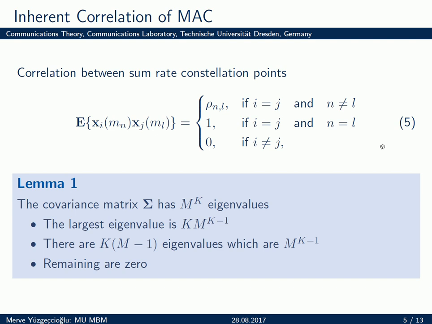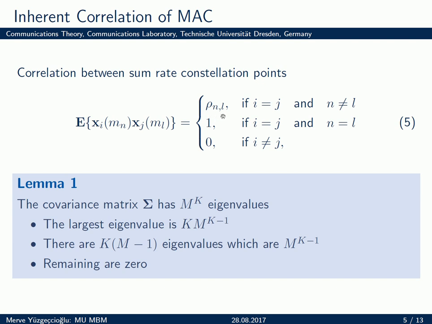So at the beginning we assumed that the entries of the constellation diagram are uncorrelated, but during our studies we discovered that in the multiple access channel case, even though the entries of the constellation diagram of each user are uncorrelated from each other, the resulting covariance matrix of the sum signal space has a certain structure, and it can be calculated as shown here, where rho_NL is the correlation between the entries of the constellation diagram for each user.